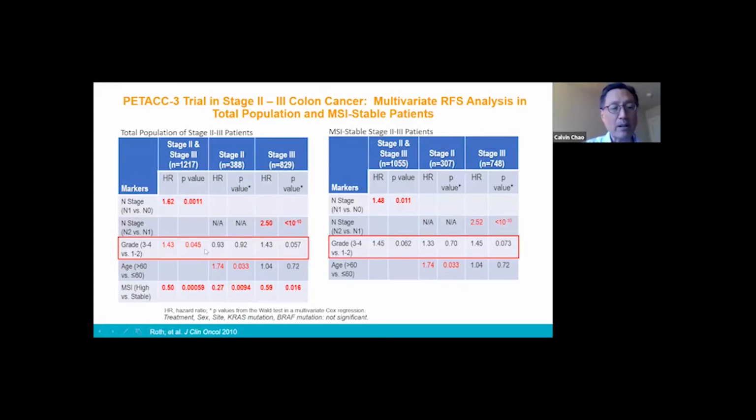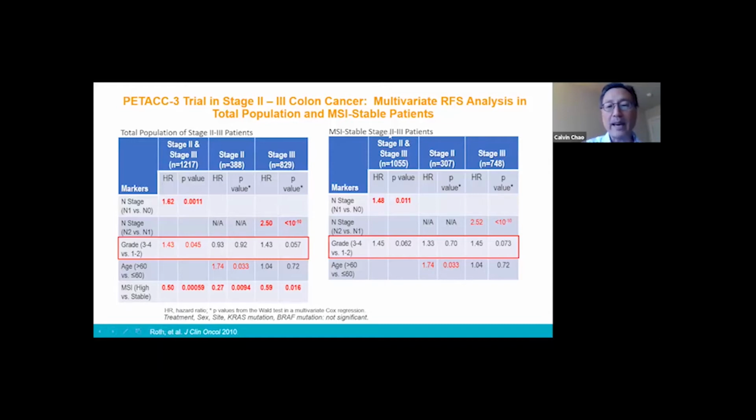Grade, on the other hand, was really not a strong performer. In all patients, it was marginally significant statistically with a hazard ratio of 1.43. But in stage 2, notice that the hazard ratio flips in the other direction to 0.93 and is not significant. And in stage 3 alone, it again loses its statistical significance.